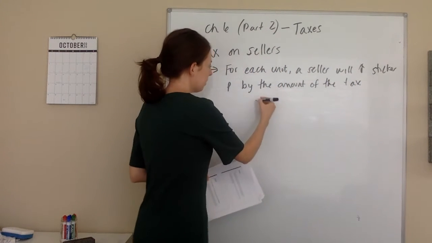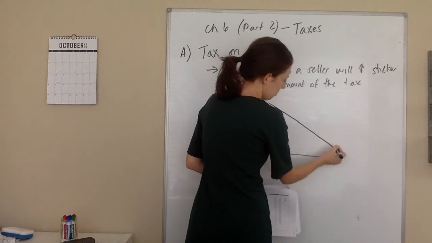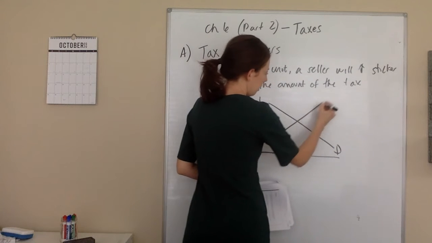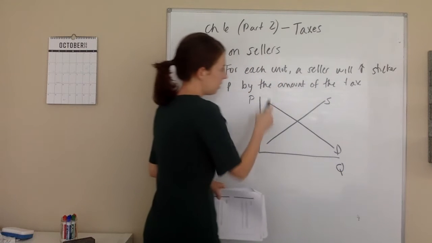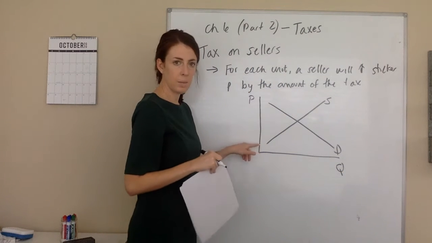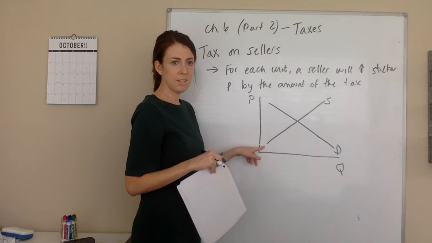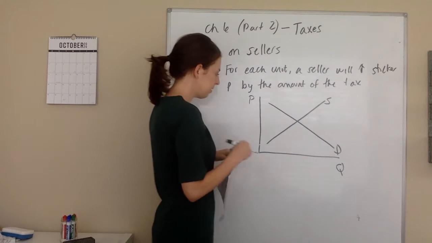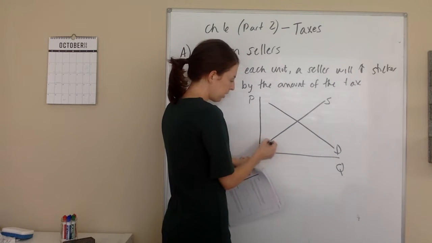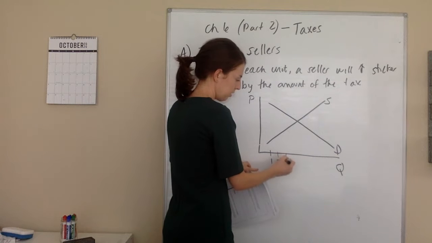Okay, so now let's go back to our picture of supply and demand and think about how this would start affecting things. If you are the seller, then this tax is going to affect you. So we need to be thinking about the supply curve. And if for every unit that you sell, you just increase the sticker price by the amount of the tax, then that means you're effectively going to take each unit, so 1, 2, 3, all the way out to however many you're selling.